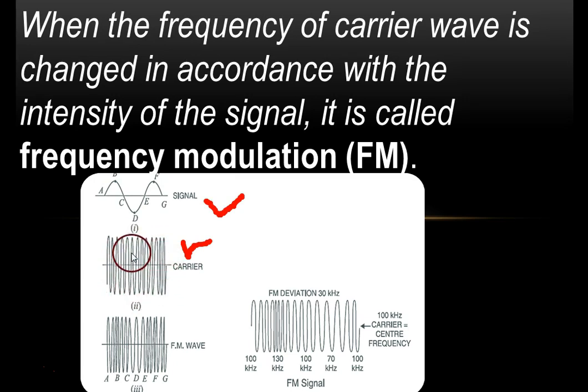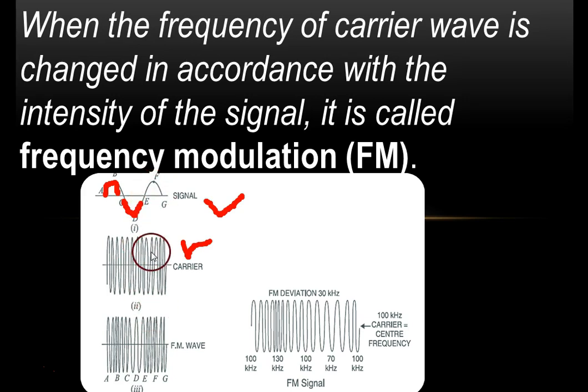Okay, we have to superimpose, we have to attach this information in the frequency. If the sinusoidal is increasing, we increase the frequency. Like this is increased frequency. If the amplitude of the informative signal decreases, then we have to decrease the carrier frequency accordingly.